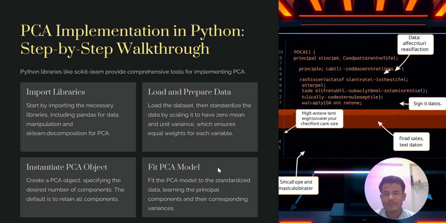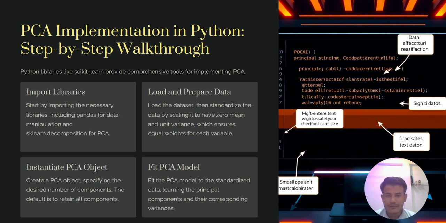So, PCA implementation in Python. Let's talk step by step about how Python implements PCA. Python libraries like scikit-learn provide comprehensive tools for implementing PCA. So the first step is to import libraries. Start by importing the necessary libraries, including pandas for data manipulation and sklearn.decomposition for PCA. Second, load and prepare data.